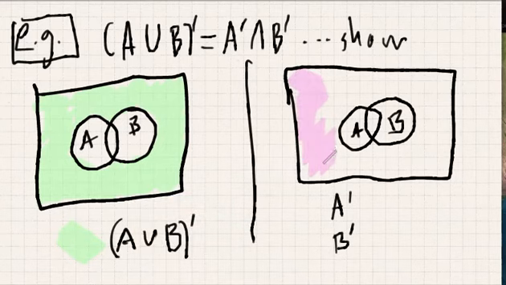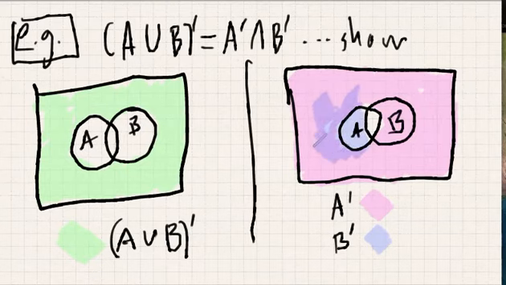It's everything that's outside of A, so here it includes part of B. B prime we're going to let be this blue color, and it's everything that's outside of B. So it includes parts of A, but it doesn't include anything that is in B. So I'm shading everything outside of B.